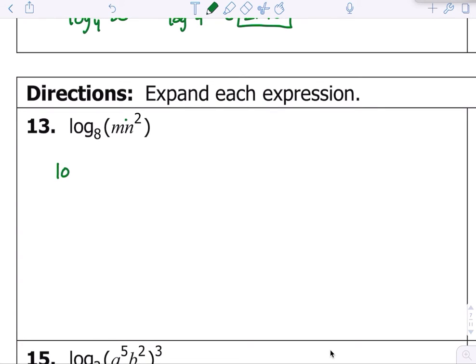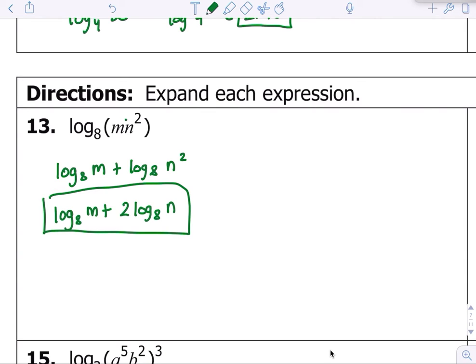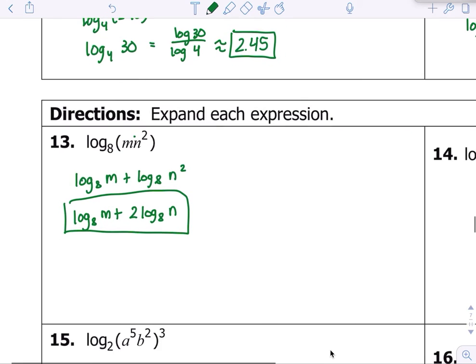So this is product rule: log base 8 of m plus log base 8 of n squared. And now this power, we can put it to the front. So log base 8 of m plus 2 log base 8 of n. That's what expansion looks like.